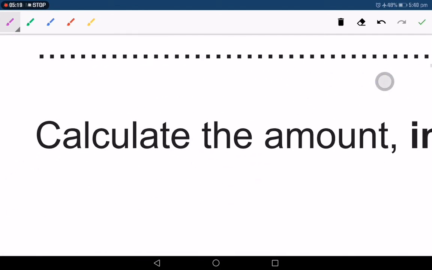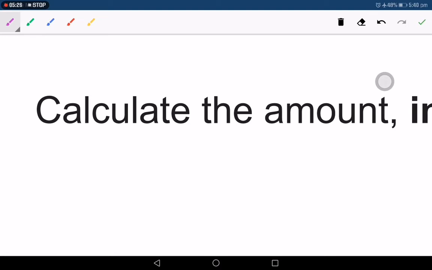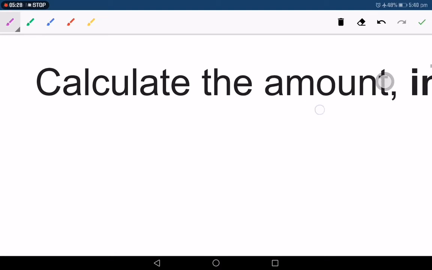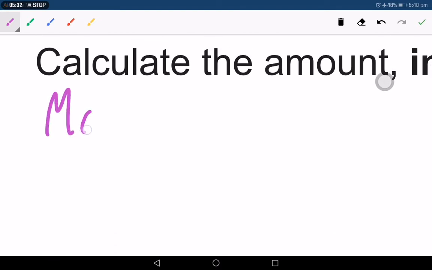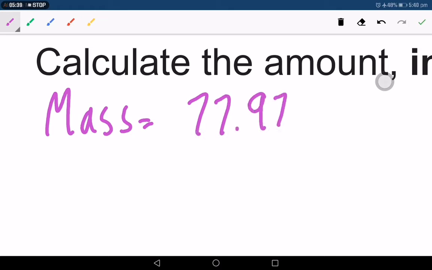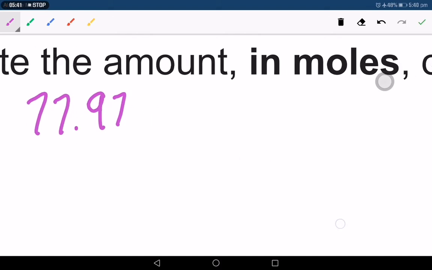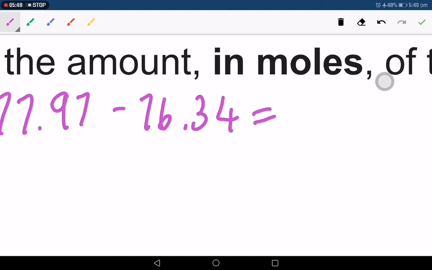Calculate the amount in moles of the anhydrous salt produced. You must remember that they have asked you in moles. So first we write down the mass, which is 77.97 minus 76.34. Anhydrous means that it doesn't contain any water. So what should I do with the 74.25?